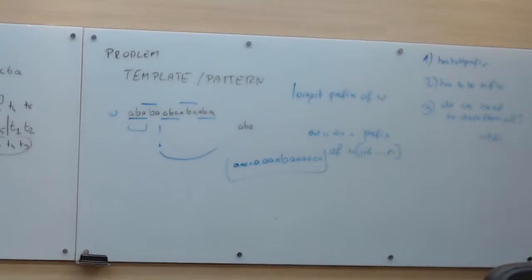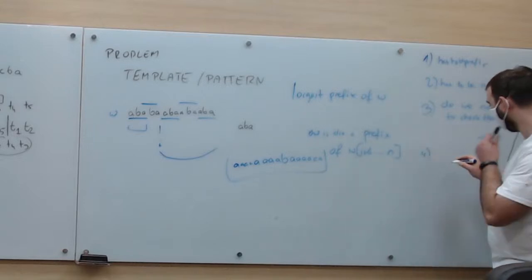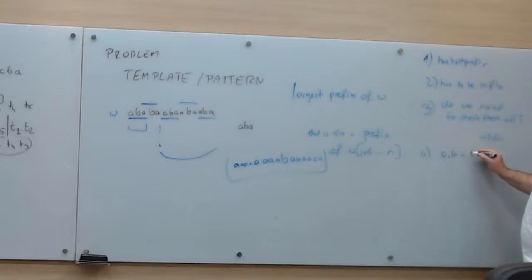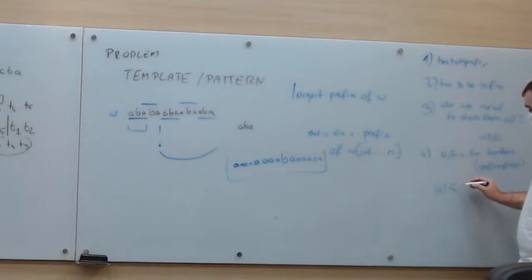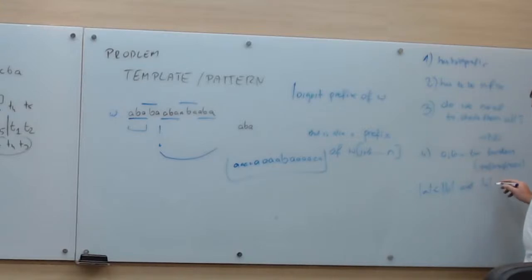Yes. So the claim is, I hope that's what you said, because I haven't heard it that well, but I think you said that if we have two borders or prefix suffixes, A and B, then if the length of A is smaller than B and the length of A is larger than half of the size of B, then we claim that we don't have to check one of these.